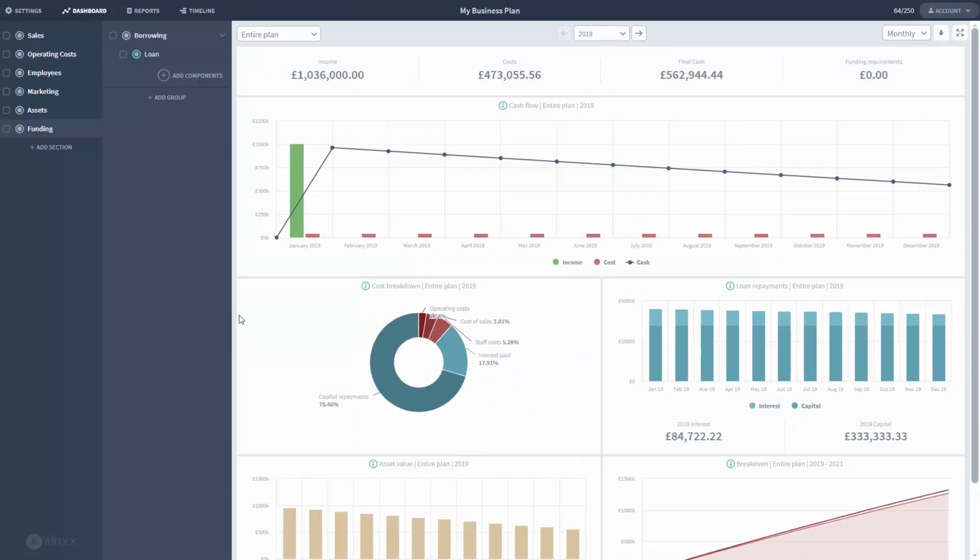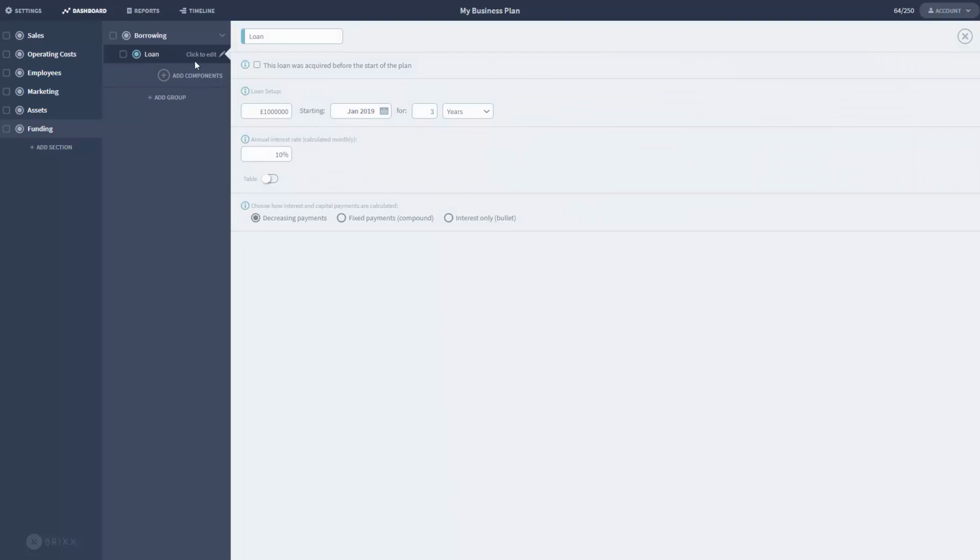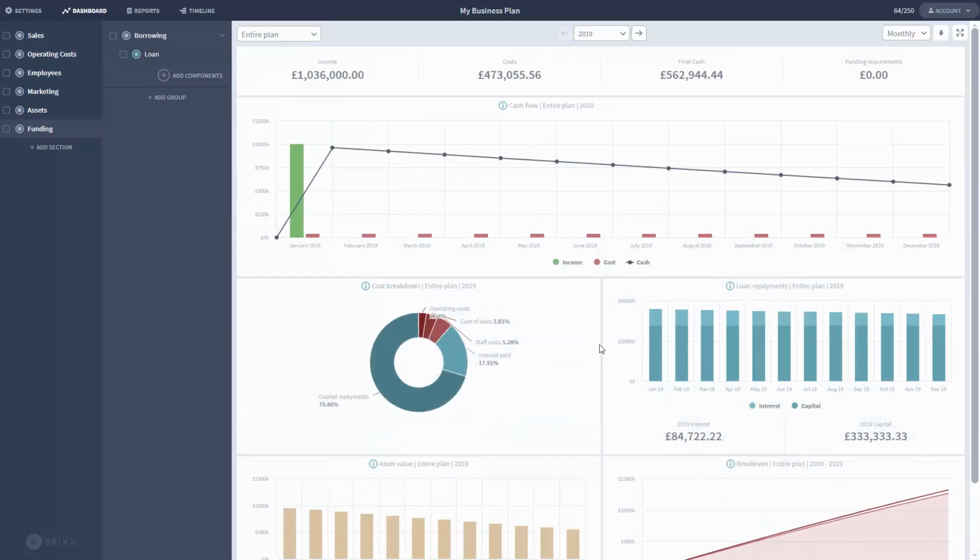Okay, so now you can see quite a few things happening. In the cash flow chart we've got a massive drawdown at the start of the plan for our £100,000 loan. The cost breakdown chart has now been completely dominated by our repayments each month, because this loan component automatically calculates the repayments for you, and I'll show you how those work in a second.